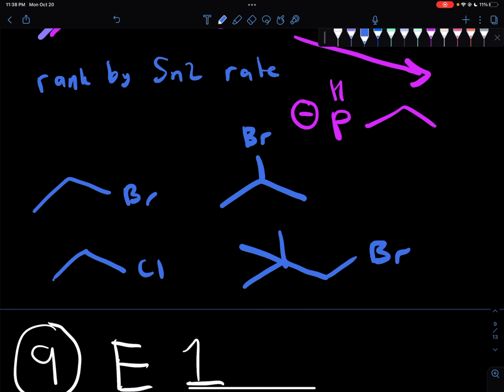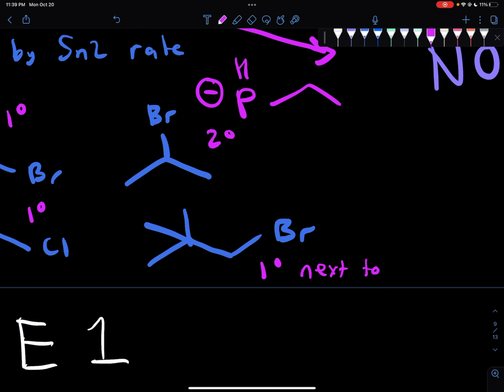Okay, so number 1 will be your fastest. So let's say, this is primary, primary, secondary. This is primary, but next to a quaternary. So this is going to be rank 4. This is the worst.